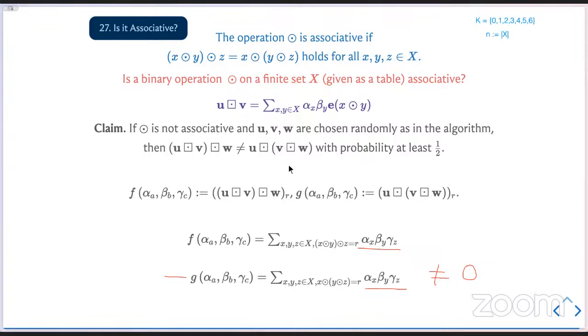The way to do that is to instantiate at a random place and say that if there was a violation of non-associativity, then that would have manifested as a non-zero polynomial here. And if you failed to catch it, that would have amounted to hitting a zero of a non-zero polynomial. So that would have happened with low probability, which is the quantification for this idea that examples of non-associativity have been magnified in this space. So that's a high-level summary of what's happening.